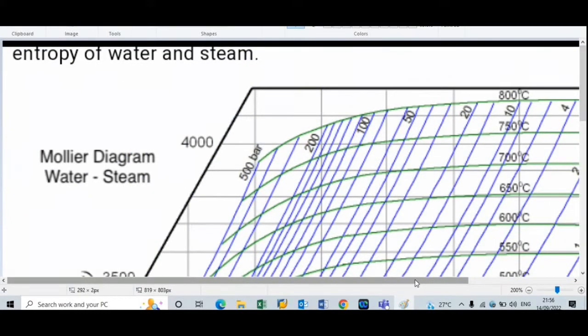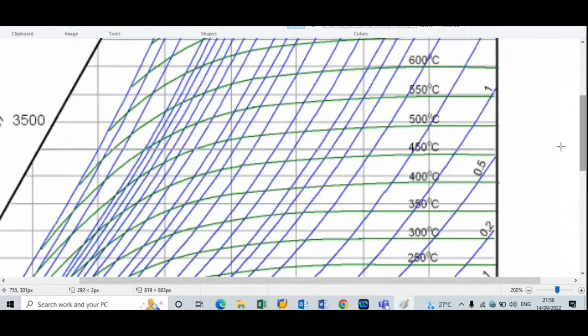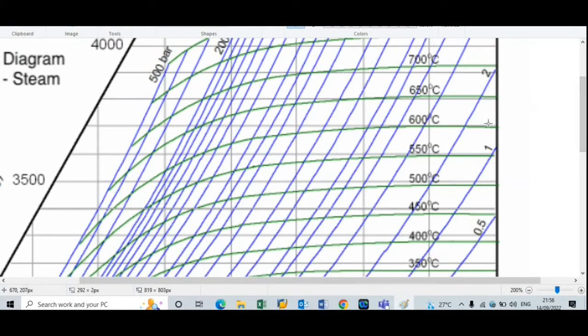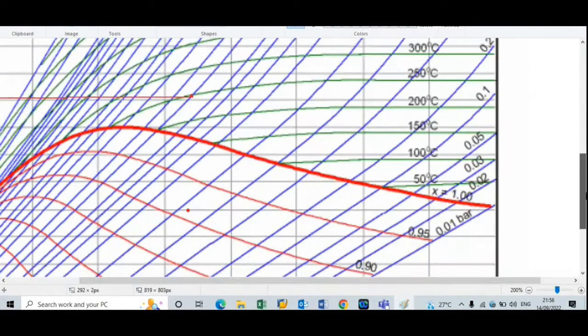So again, if we observe here, the pressure is given, that is 0.5 bar, 1 bar. So in between this 1 and 2, there is the pressure line for the 1.5 bar. So we will draw here one straight vertical line passing through this point 1.